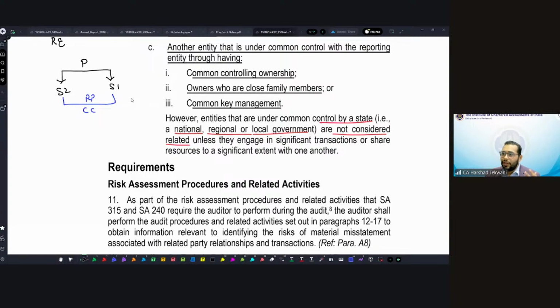Now assume a scenario where two banks are there, PSU Bank 1 and PSU Bank 2. Now, just being a PSU does not mean that they are related parties. Just being a PSU does not mean related party, unless they have a transaction between them, and that too a significant transaction.